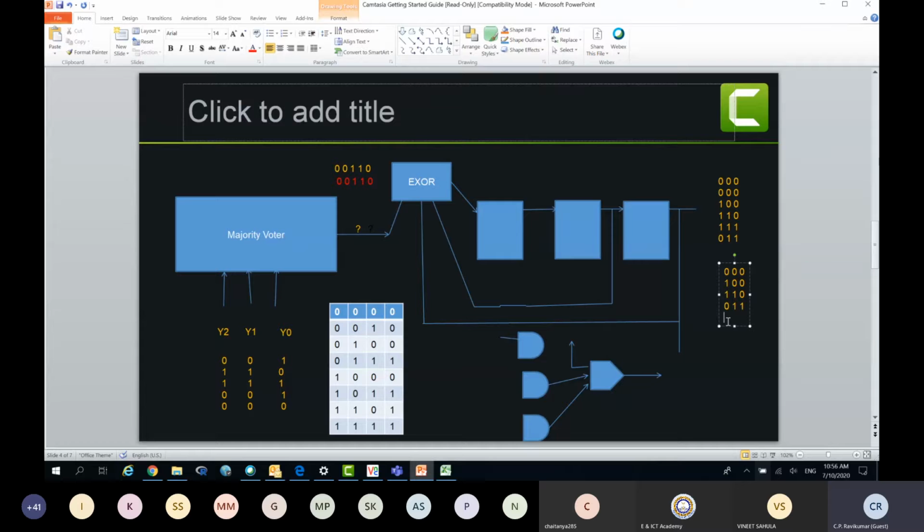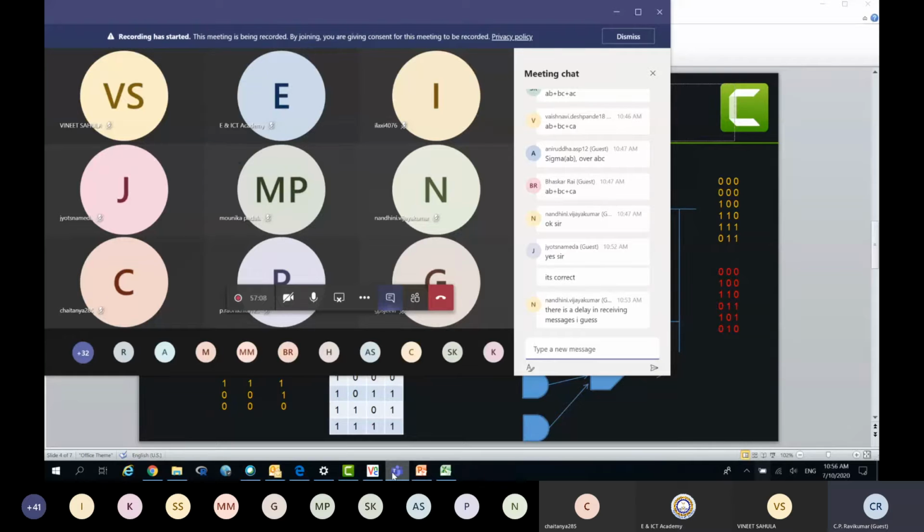And I'll get a 1 0 1 state. And then I'll get a 0 1 0 state. Am I right? So can you verify whether I did it right?